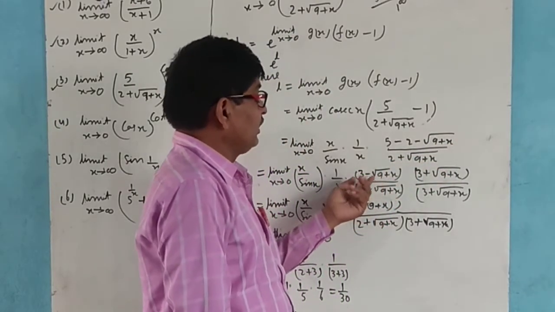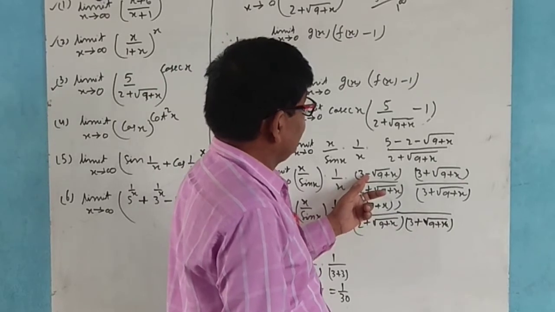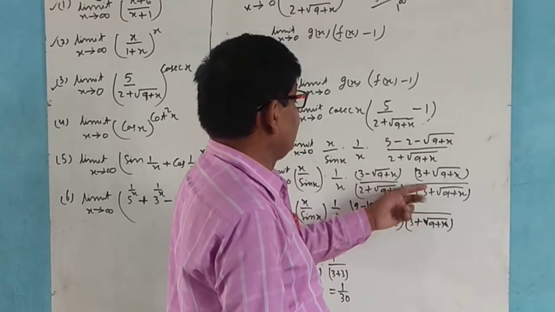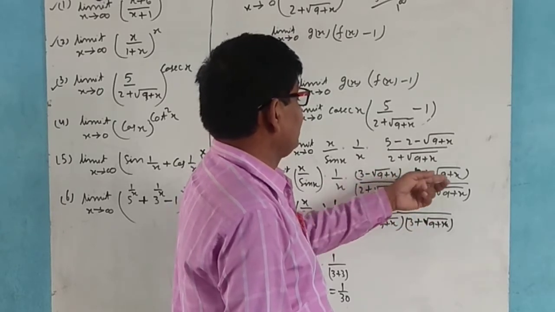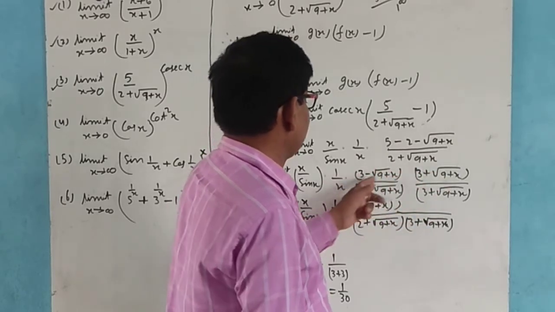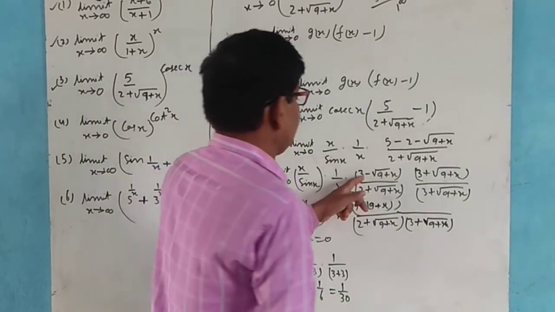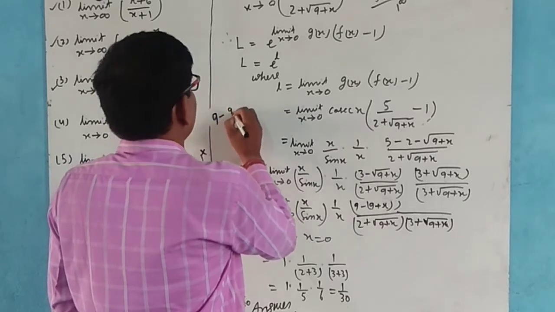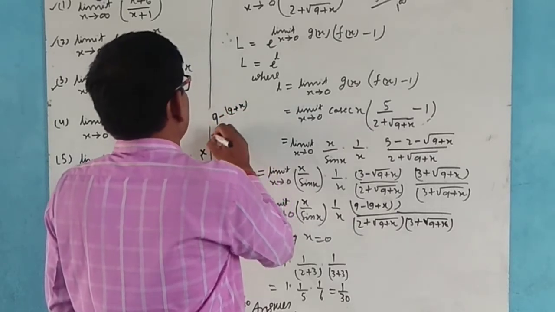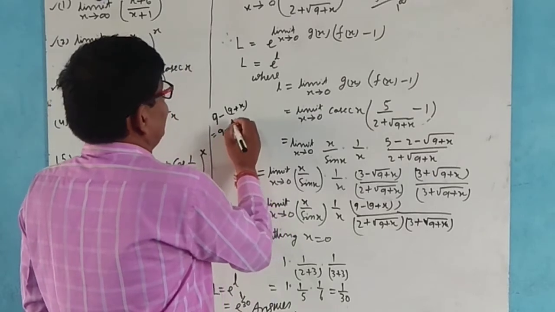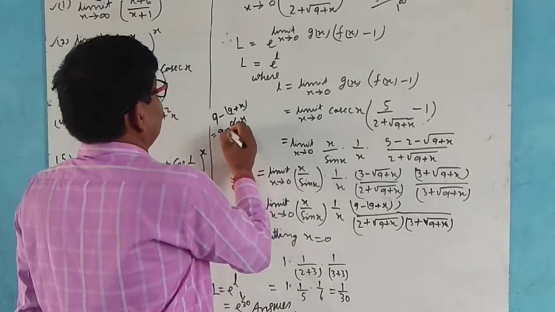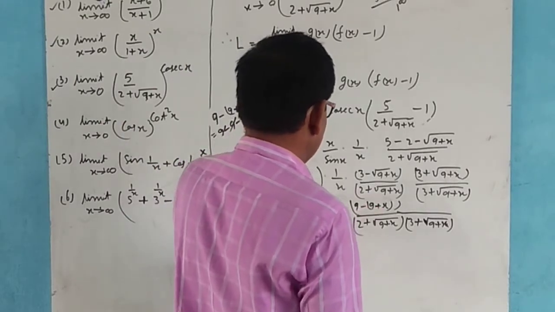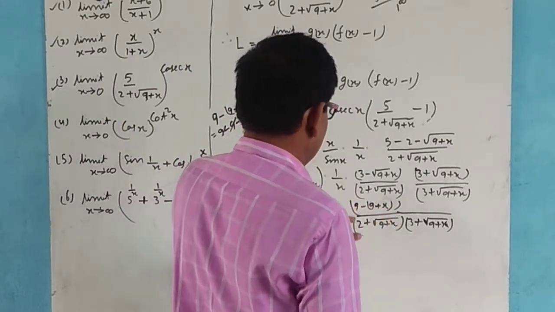On the rationalization we take the positive sign here, so that multiply and divide by a minus b and a plus b, a square minus b square. It means that this is equal to 9 minus 9 plus x, and after opening, 9 minus 9 minus x, this is removed, and x cancels.